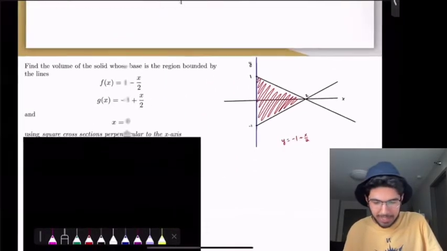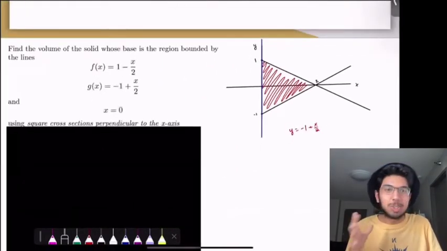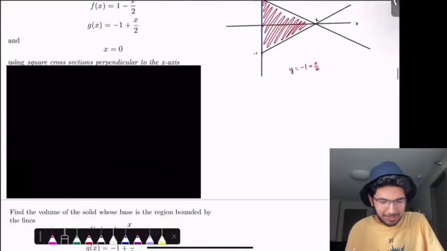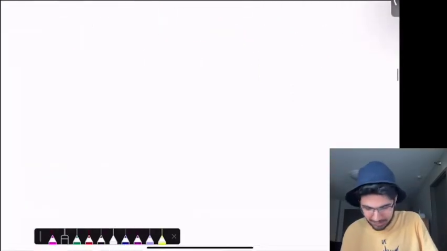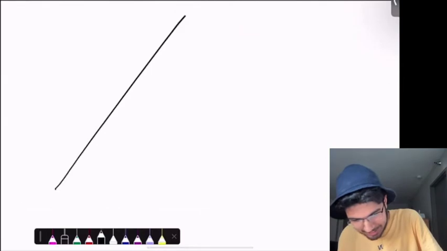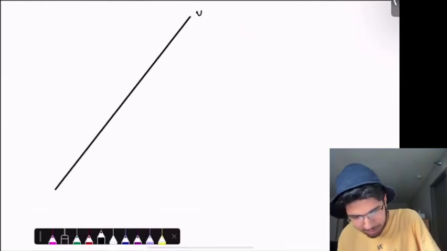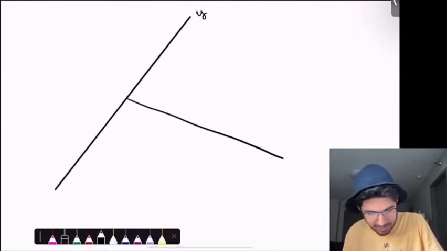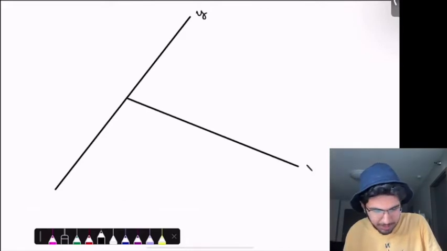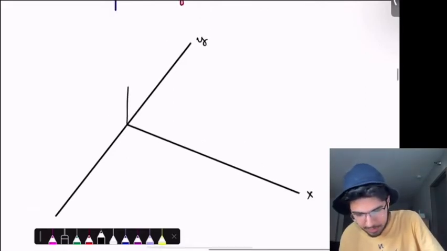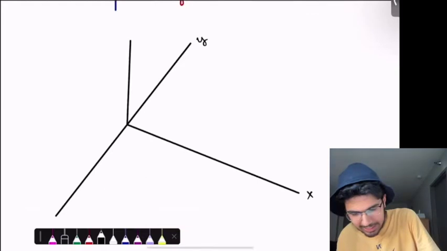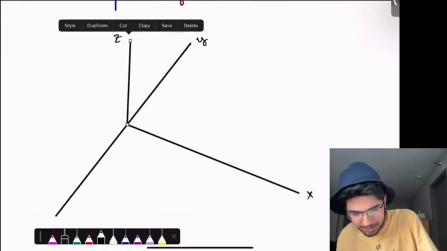All right, now let's try to sketch the 3D figure of it. So let's zoom in here. What we're going to do is, this will be our y-axis. Our x-axis will come like this, and our z-axis will be like that, maybe a little bit taller.